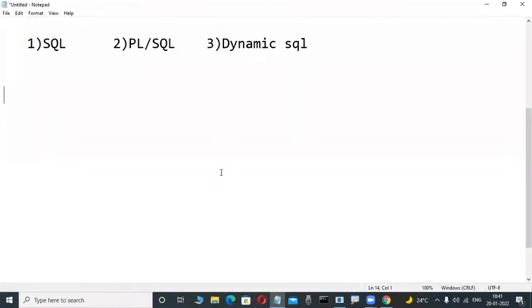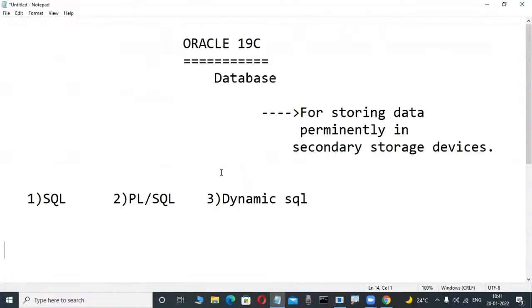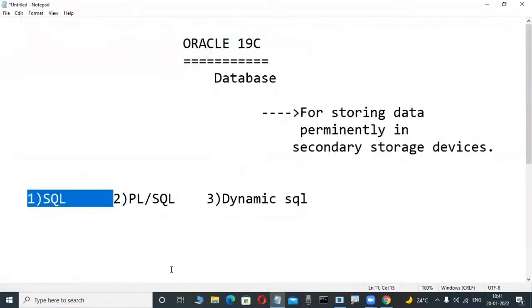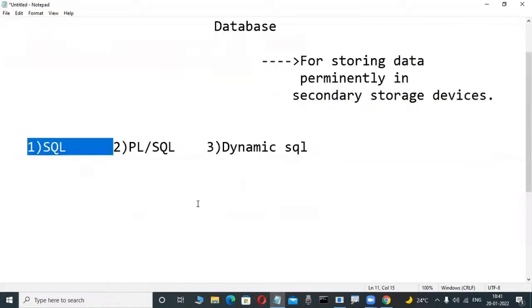But syntactically totally different, and functions also totally different. That's why in our class we are learning the Oracle SQL language. Understood? Same like Java and C++ object creation: conceptually the same. Now check it out. Okay, fine.